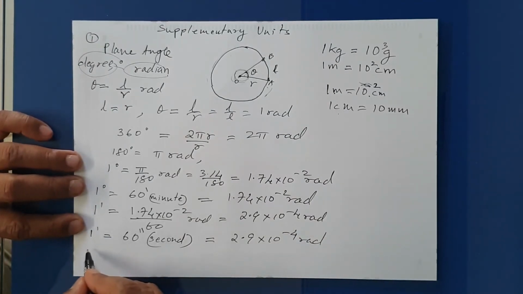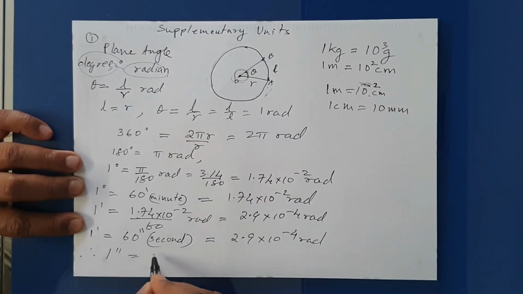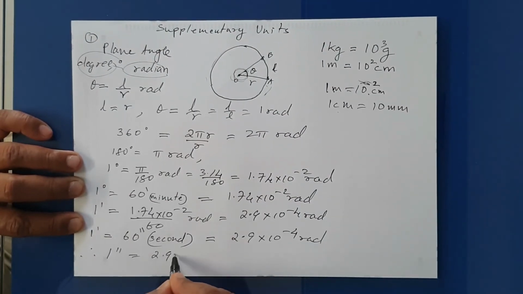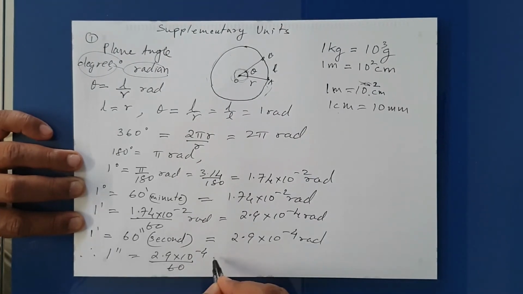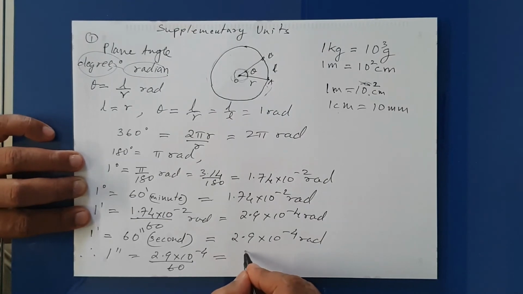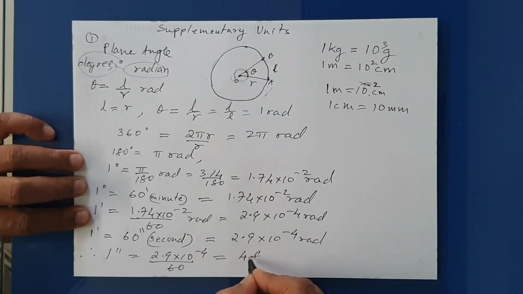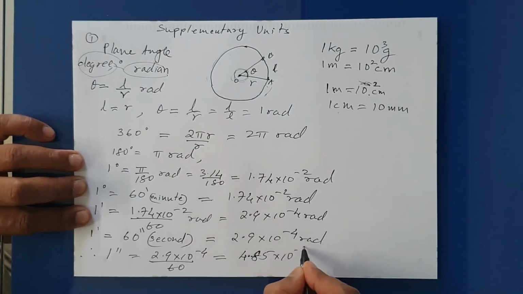Therefore, 1 second will be 2.9 into 10 raised to minus 4 divided by 60, which is approximately 4.85 into 10 raised to minus 6 radian.